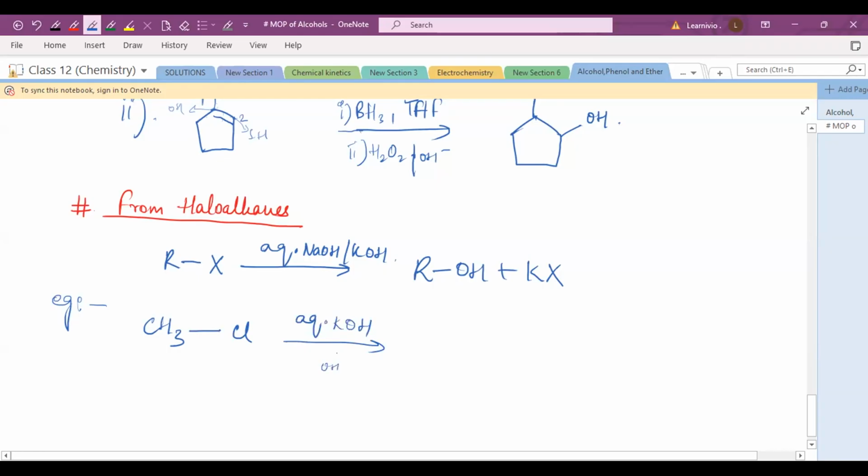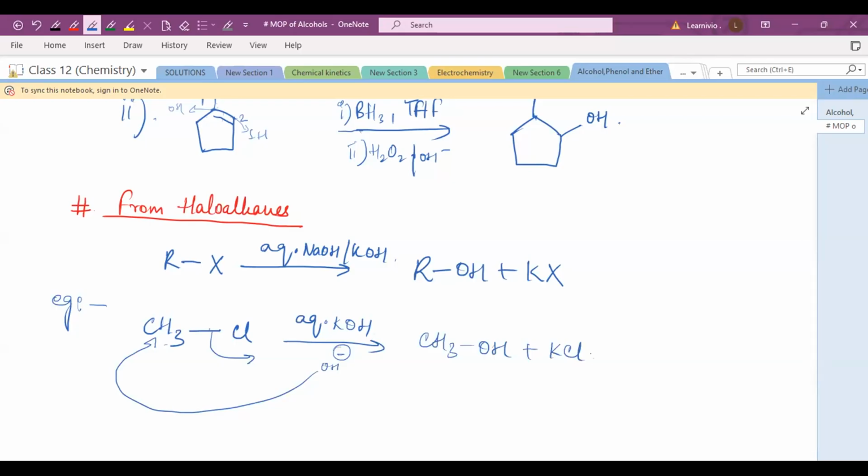This will give you OH minus. Okay, this is a nucleophile over here. And Cl is a good leaving group. This is more electronegative, so it will leave, and this OH will attach to this carbon, right? And you will get CH3OH plus your KCl.